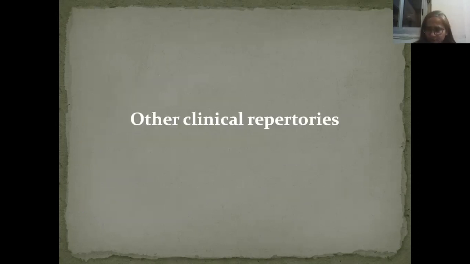There are many clinical repertories. Okay, I have attempted to show you a few of them, and today I want to introduce you to two new repertories which are relatively newer, and they are very interesting. So I just want to motivate all of you to go for new repertories and explore them and learn them, and please share with me as well.